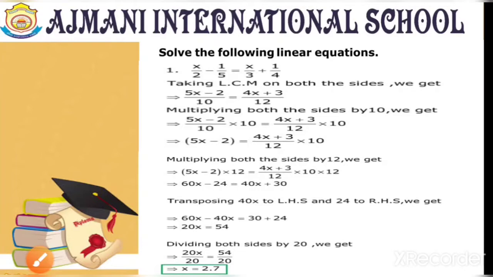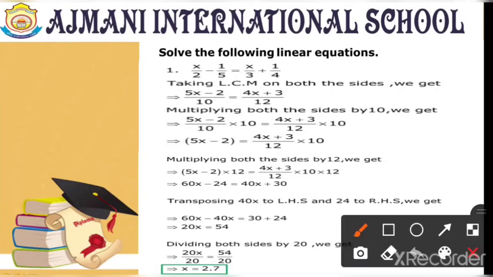Now, you have two methods here that you could apply. Either you could use the transposing method by cross multiplication, or you could do it with the systematic method. Here I have shown you the systematic method: 10 is the denominator of the left hand side, so we have multiplied 10 on both the sides. So we got (5x minus 2) upon 10 into 10 and (4x plus 3) upon 12 into 10.